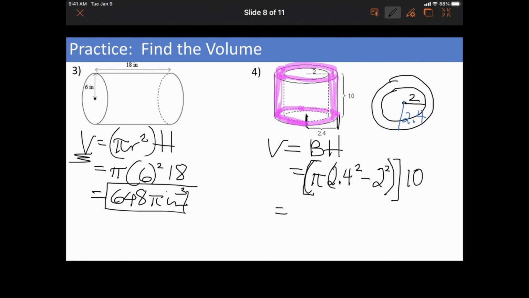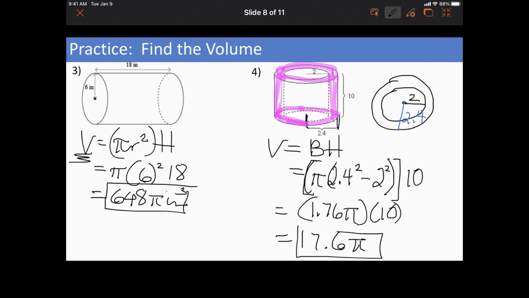Okay, so I have 2.4 squared minus 2 squared, which is 4. So I have 1.76 pi times 10. No units, just going to leave it.